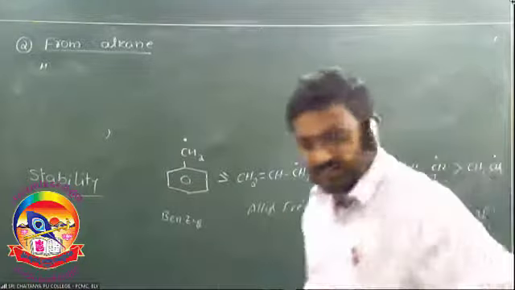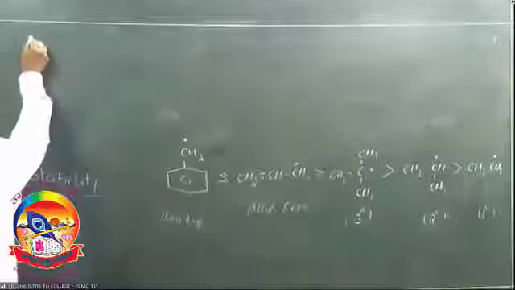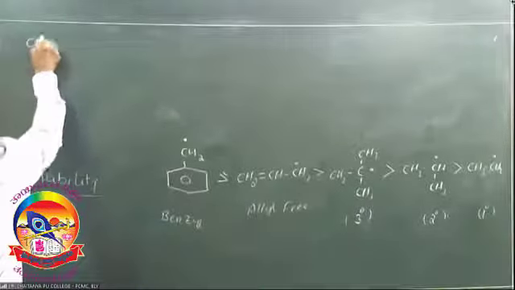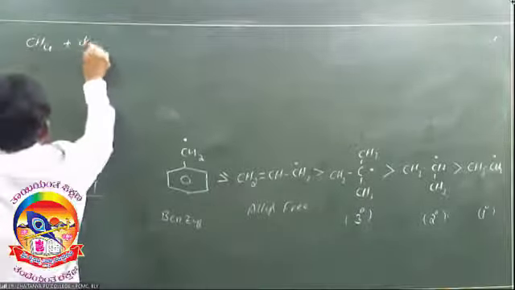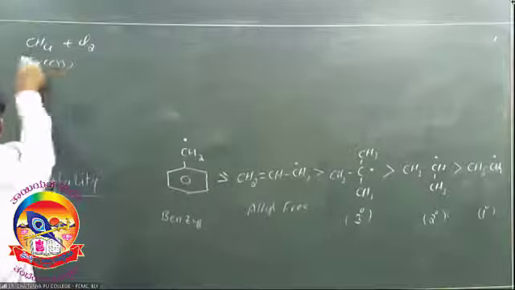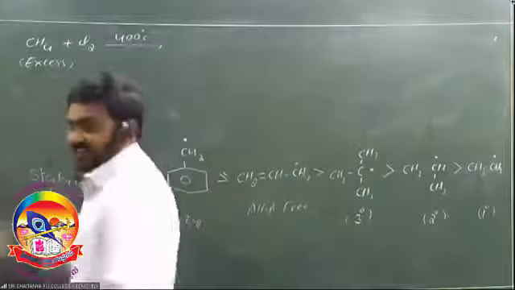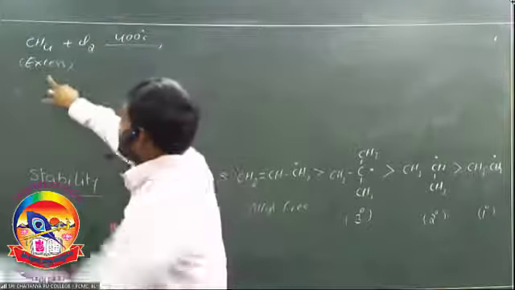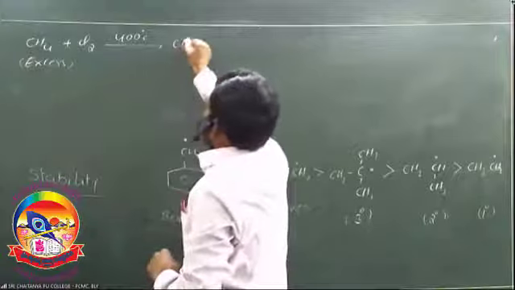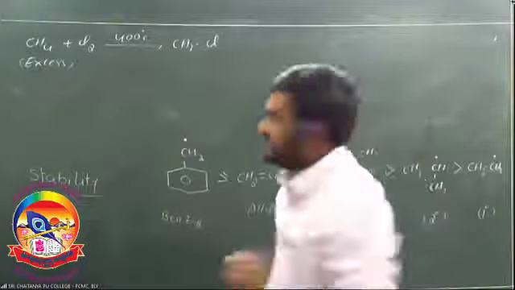Okay, right. Let's take an example. Take methane. Excess methane reacts with chlorine at about 400 to 500 degrees centigrade, so methyl chloride is obtained, CH3Cl.